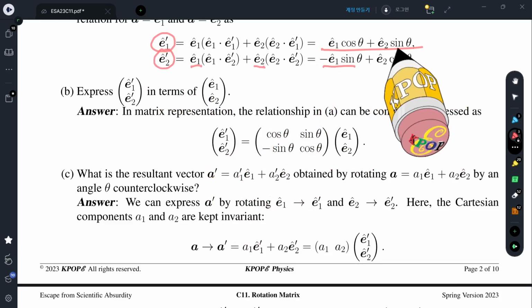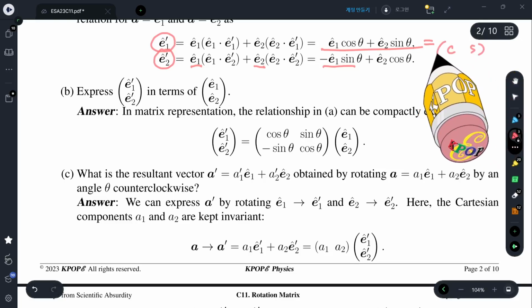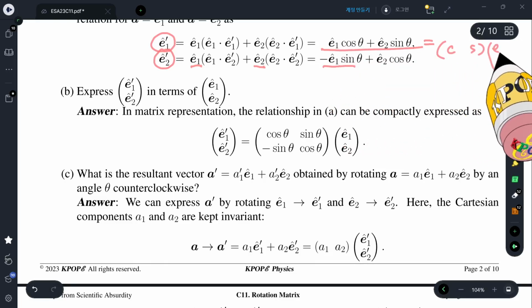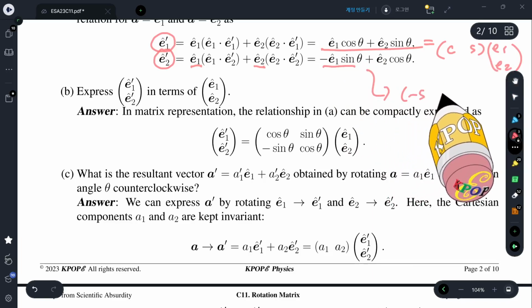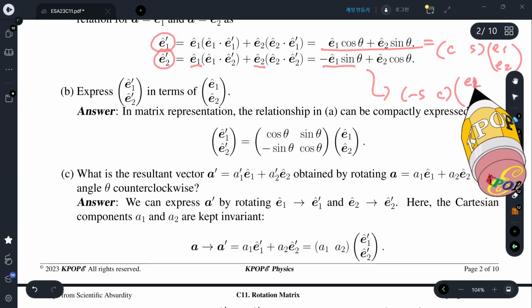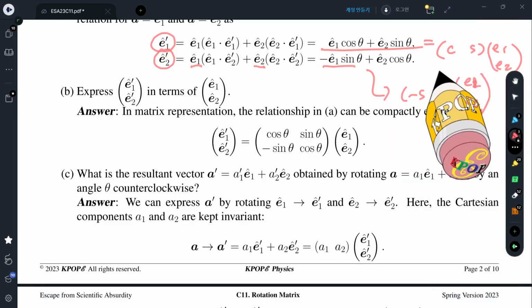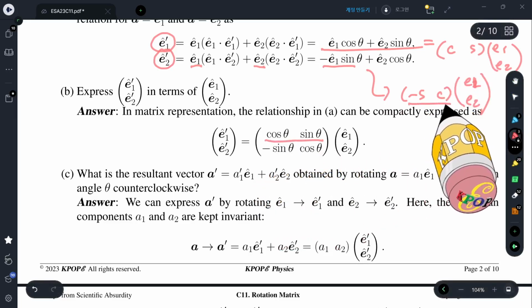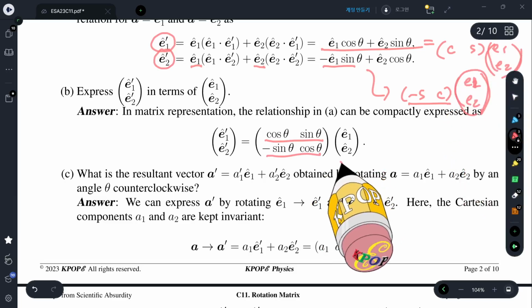First of all, we can write this one as cosine, sine, stand up E1, E2. Here, minus sine, cosine, stand up E1, E2. And copy this one first as the first row and then as the second row. And we have a common factor.